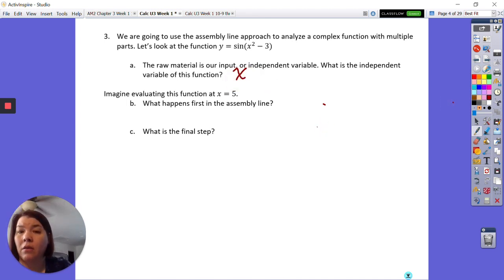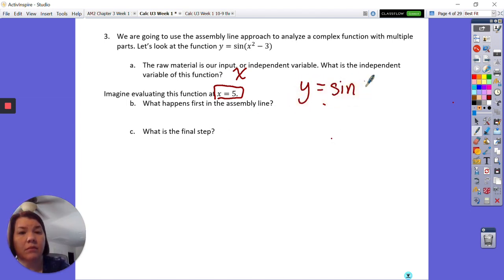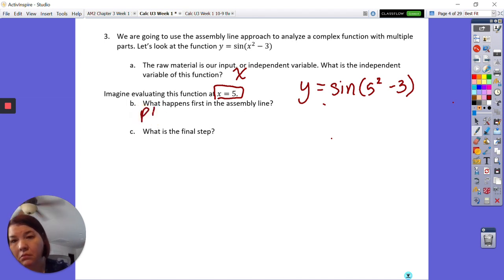Imagine evaluating this function at x equals 5. What happens first? What do I do first? Well, first I'm going to plug it in, right? I'm just going to write all the steps.